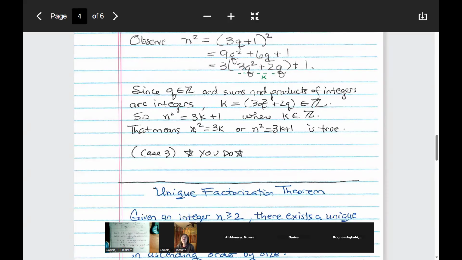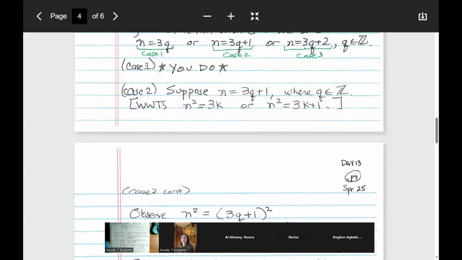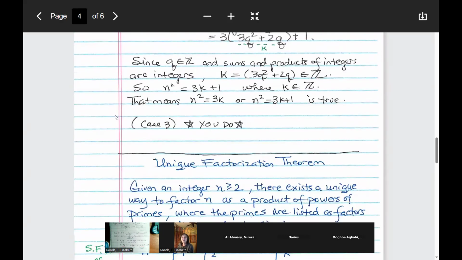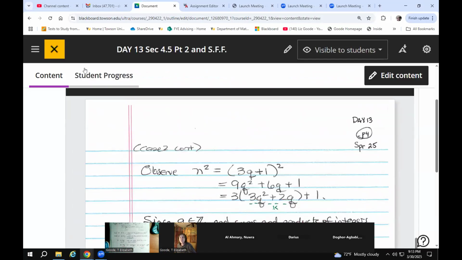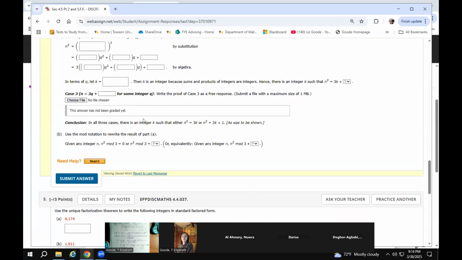I recommend that you actually push a pencil or pen, whatever your preference is, and write out cases 1 and 3 yourself for the practice so that when you go back into the WebAssign, you're going to be able to fill these blanks in with ease.